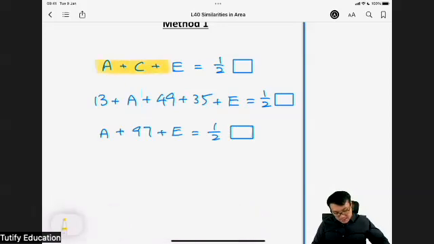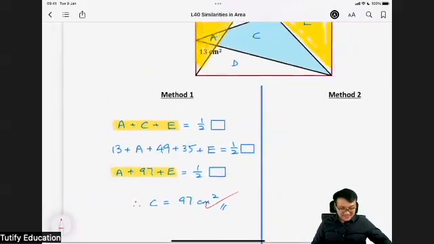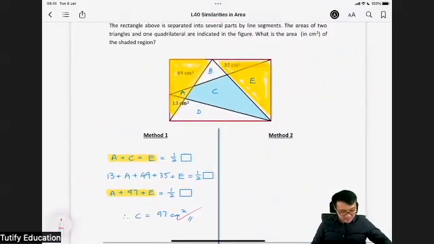Jinsen, you compare this and you compare this. Can you tell me C equals to how much? 37. Very good. So obvious. Well done, Jinsen.